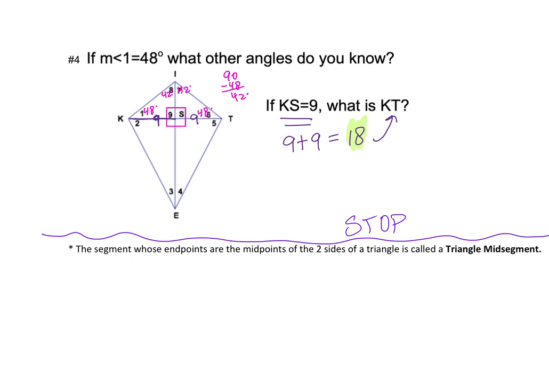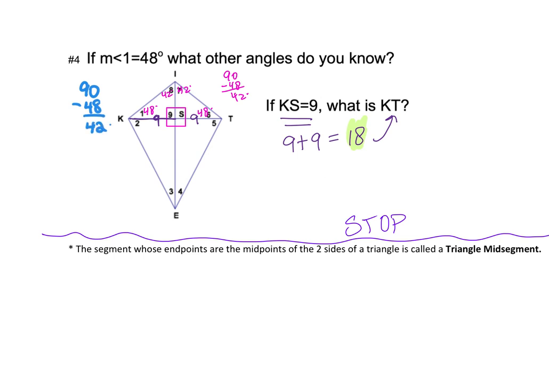Let's go over the fourth example. I have a kite, and I know angle 1 is 48 degrees. I'd like to know what other angles I know. I don't know anything about anything down here, but because this is a right triangle, I know that this angle and that one must sum to 90 degrees. So the measure of angle 8 is 90 minus 48.